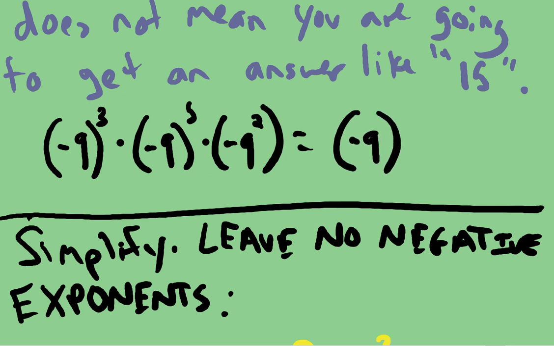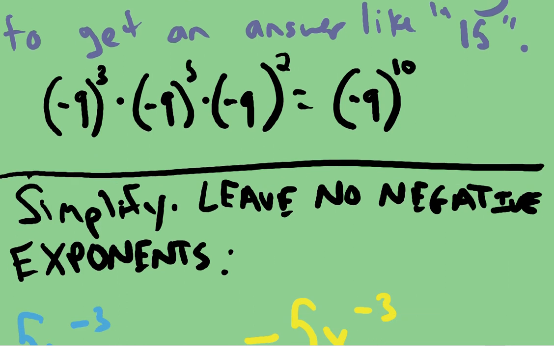If the base is saying you're multiplying, you're going to add the exponents. 5 plus 3 is going to give me 8. Plus 2 gives me 10. It'd be -9 to the 10th power. And I don't want to know what -9 to the 10th power is. It ain't 90. It ain't -90. It's going to be something really, really big.